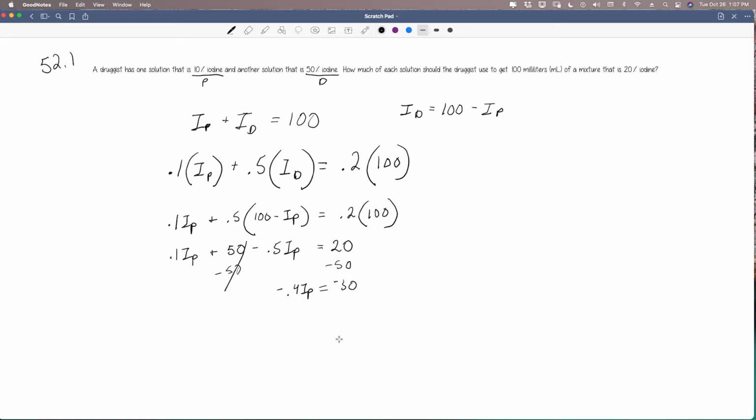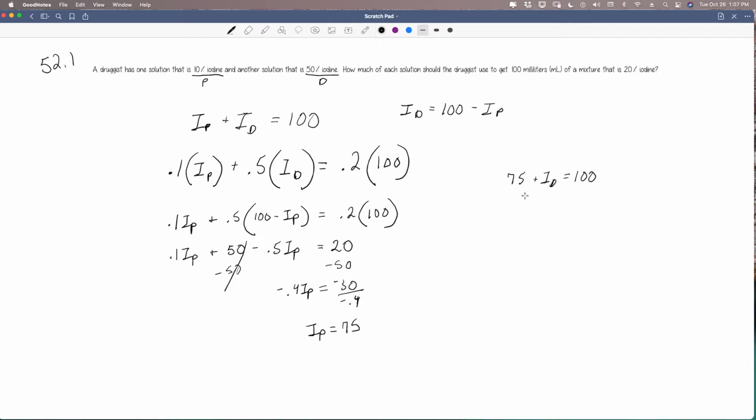So when we divide negative 30 by negative 0.4, we get that the amount of iodine that was poured in was 75. And if we remember, the iodine that was poured in was the 10% solution. So we're going to sub in 75 plus the iodine that was dumped equals 100.